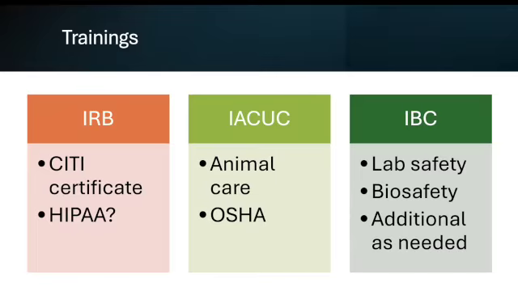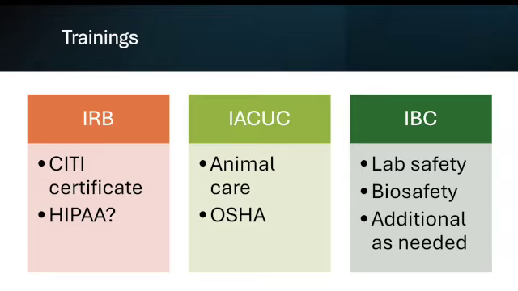Trainings that you will need for these protocols depend on which protocol you're going with. In some cases, you may need all three protocols, and so you'll need all the trainings listed here. For IRBs, you need your CITI certificate. CITI is what our local institution uses, and it's fairly common.